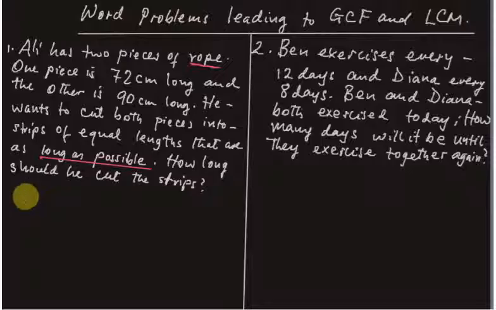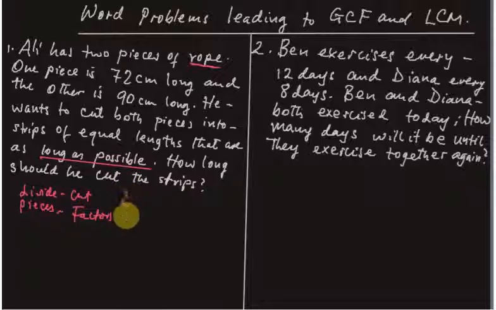Cutting is to divide into smaller pieces, and these pieces we call factors. So it means we are finding the GCF.